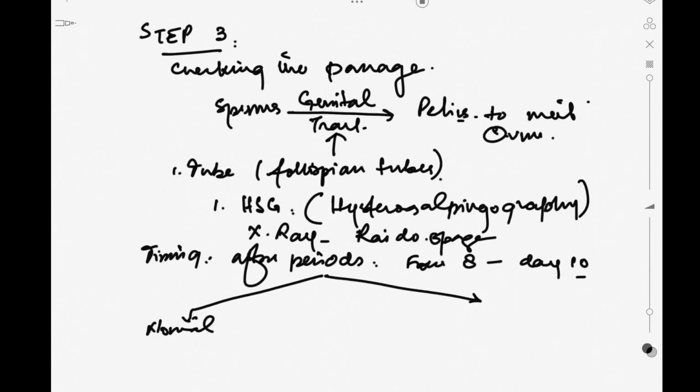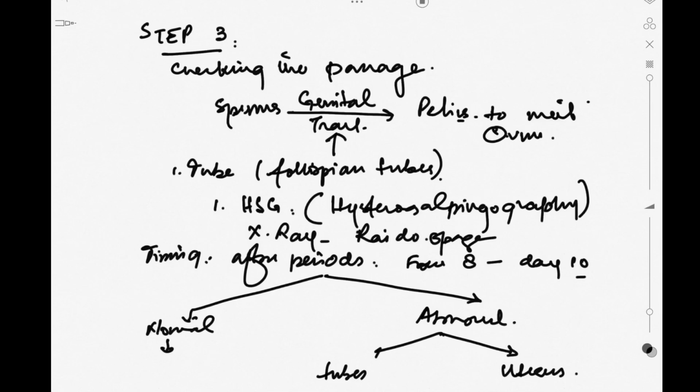Once the HSG is performed, we can have two results: either it is normal or abnormal. Abnormal means there is some pathology of the tubes or pathology of the uterus. And if it is normal, it is observed that after doing HSG for the first time, 60% of the patients conceive naturally and spontaneously within 6 months.